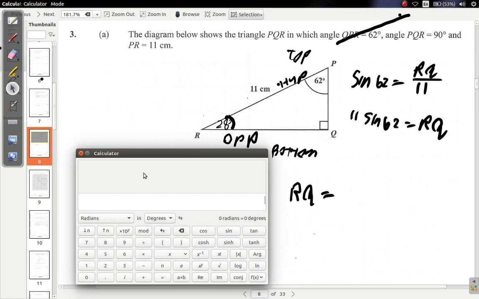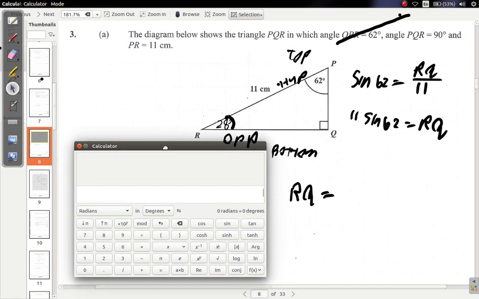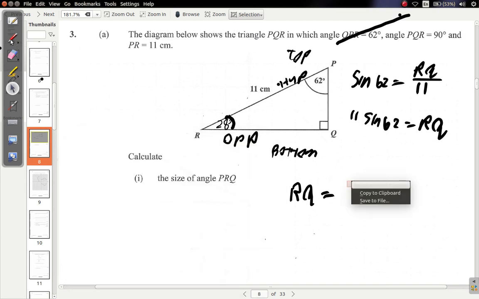So here now, 11 times the sine of 62. Make sure you calculate that in degree mode because degrees are what you are working with. That gives 9.7 centimeters, right?